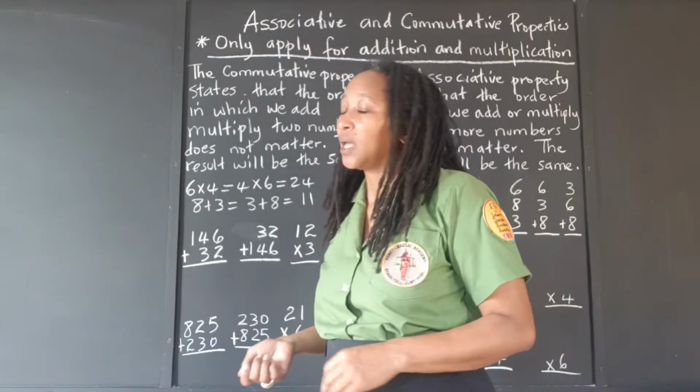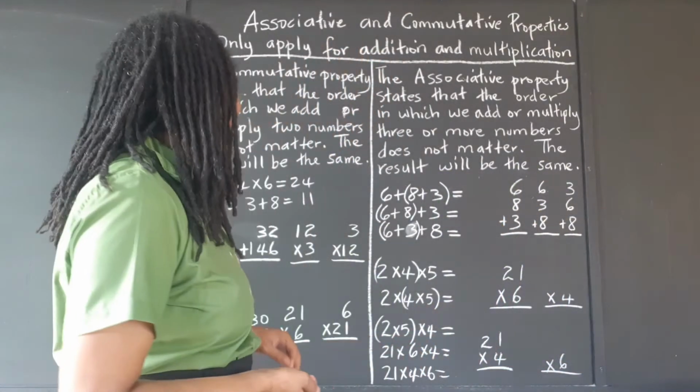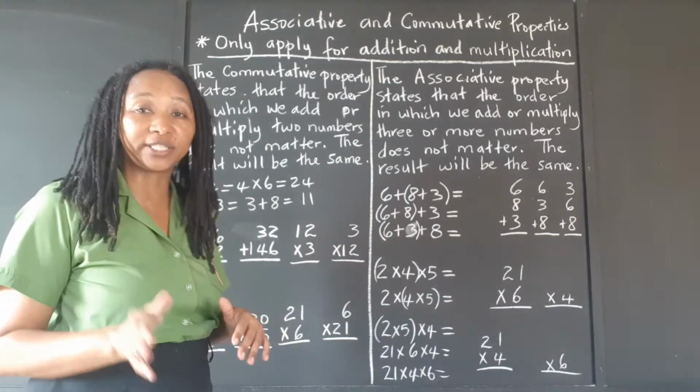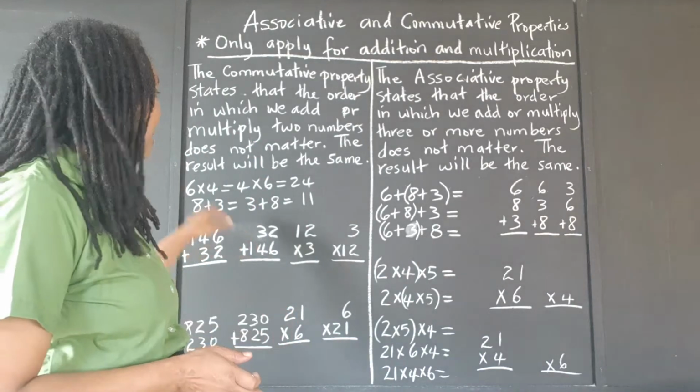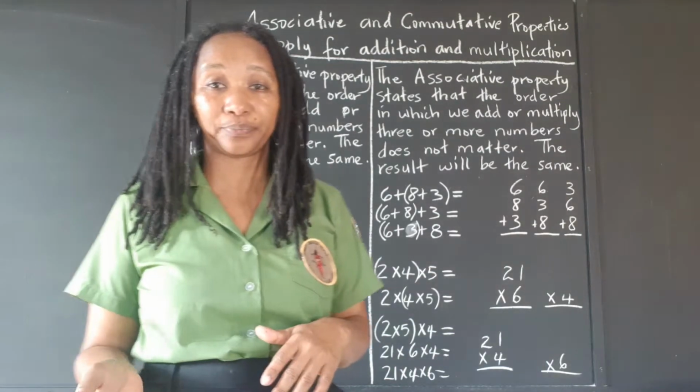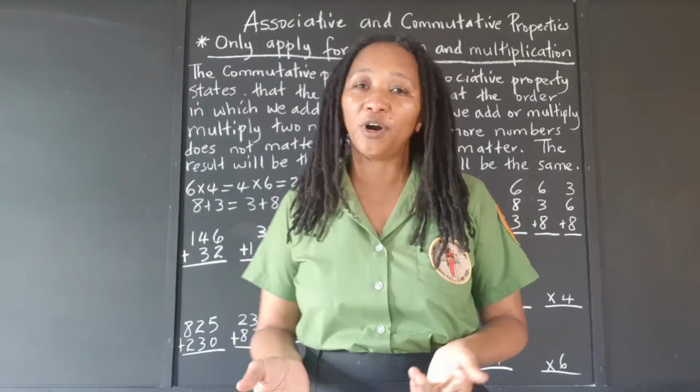So the commutative property states that the order in which you add or multiply two numbers does not matter. The result will be the same. So it's a pretty straightforward principle.